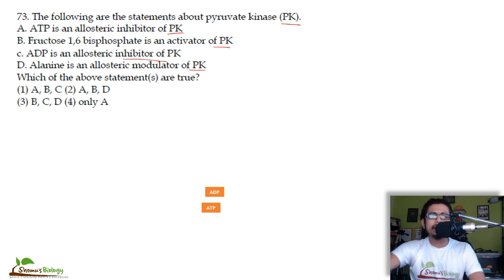Now this is a question from metabolic regulation, meaning how a metabolic process in the cell is regulated. If you look at this closely, you can answer it quite easily. Take statement A: ATP is an allosteric inhibitor of PK.